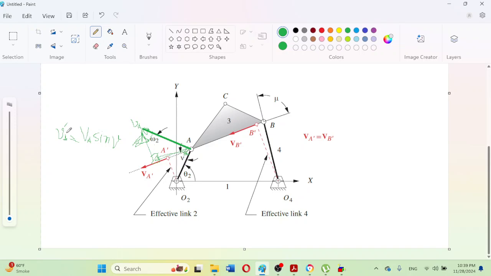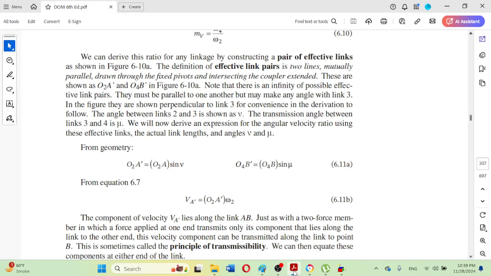We will be obtaining VA dash, and the other method is mentioned here in equation 6.11b, that is equal to O2A dash into angular velocity.